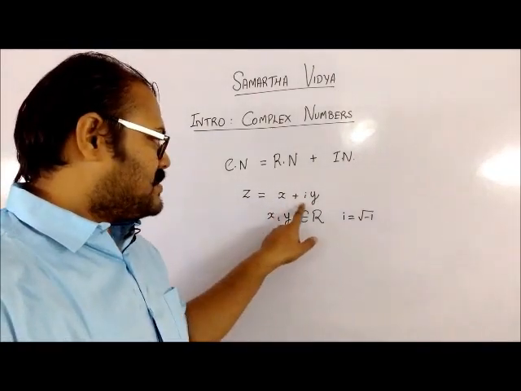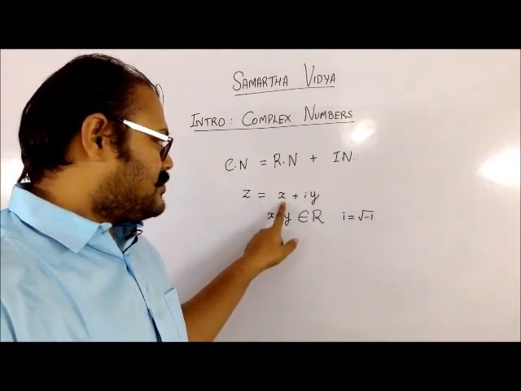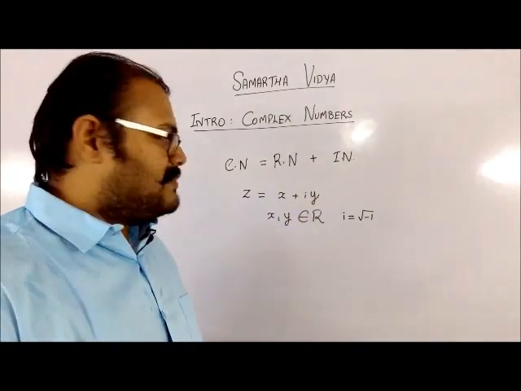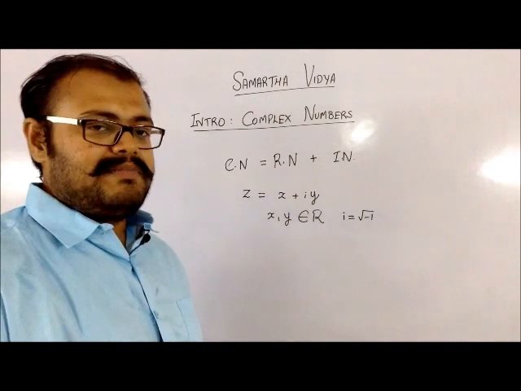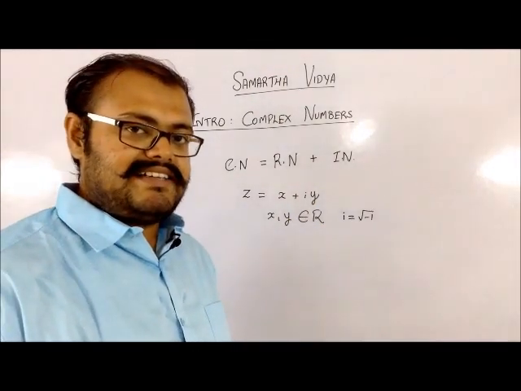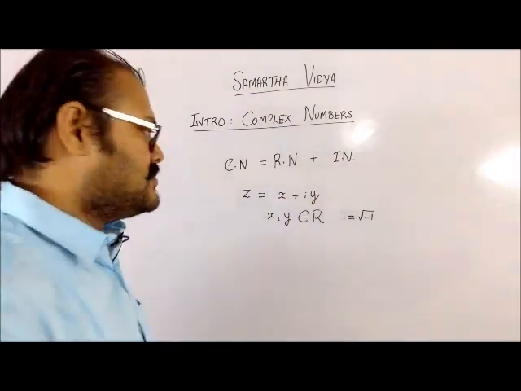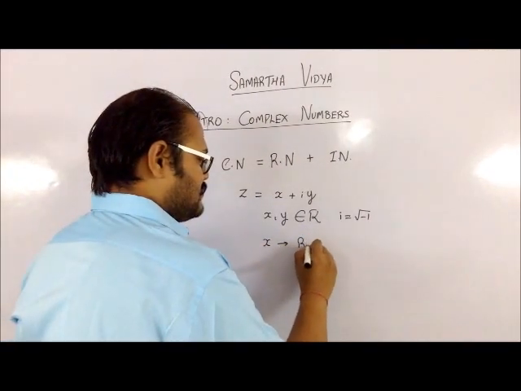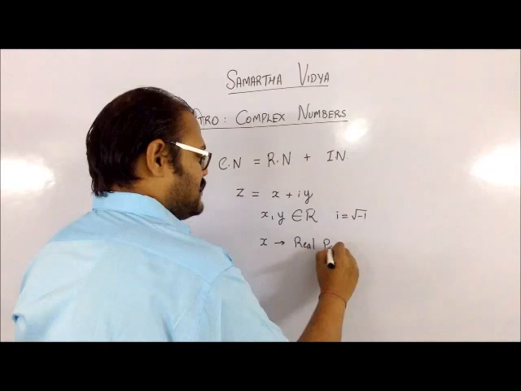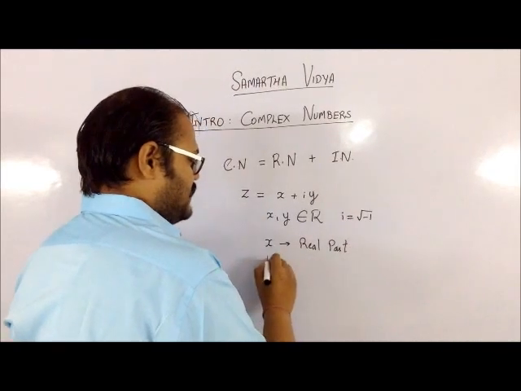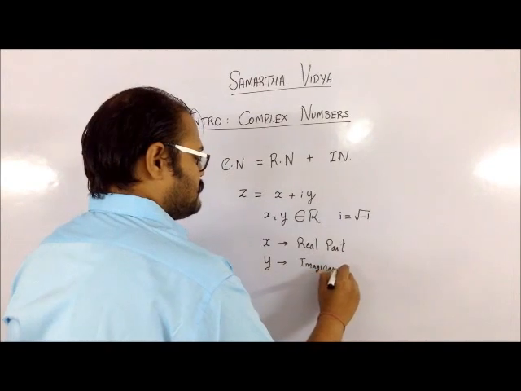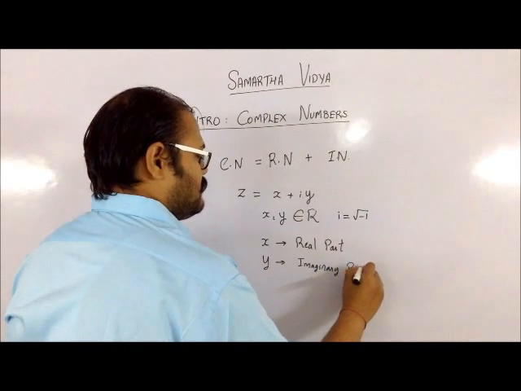You have to always remember a complex number is basically a combination of two real numbers, but in one there will be an i present, so that indicates an imaginary number. In this case x is the real part of the complex number and y is called the imaginary part of the complex number.